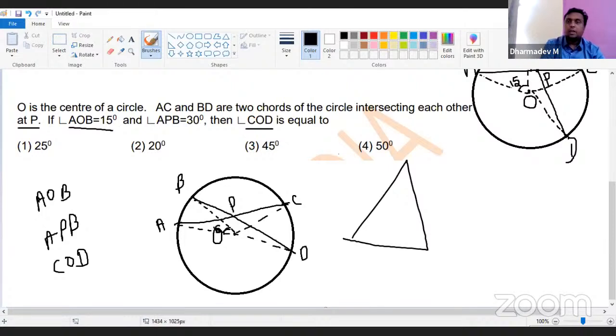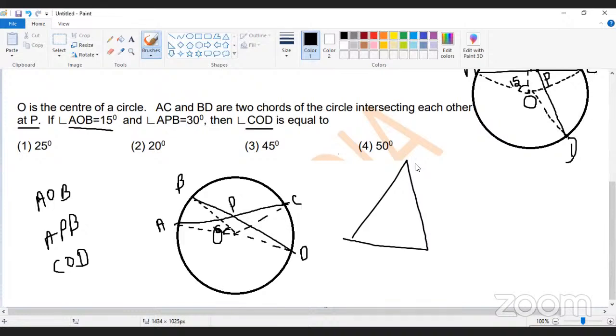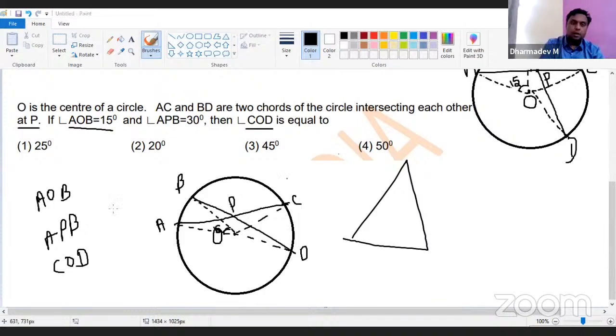If this is 15 degrees, how many degrees are balanced? If I take it as a triangle and that is 15 degrees, how many remain? Preeti? 165. Yes, 165 would be remaining. So that could be partitioned among them.